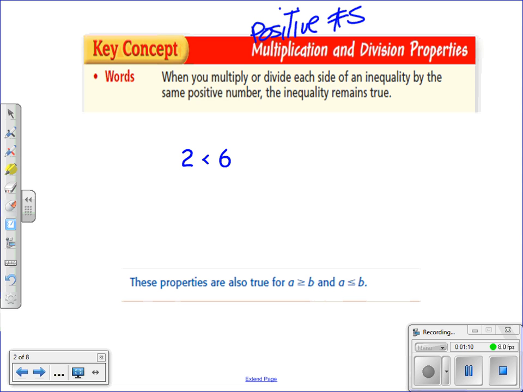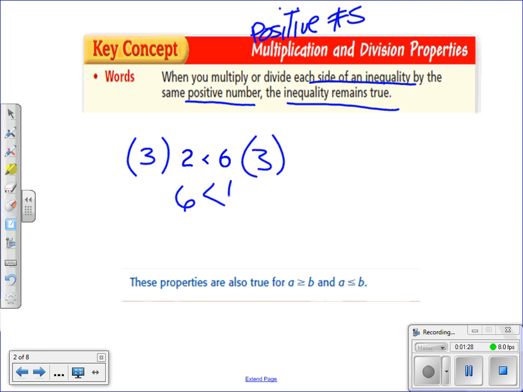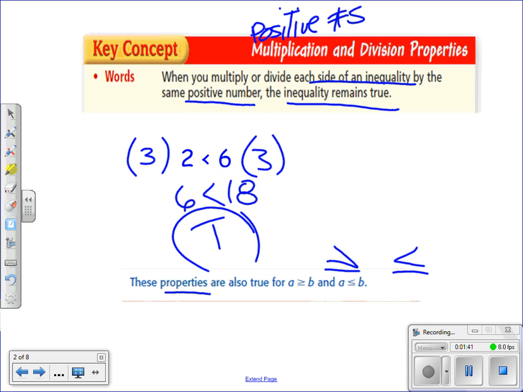So if I decide to multiply this inequality here by the same positive number, let's say 3, 3 times 2 is 6 is less than 3 times 6, which is 18. That inequality remains true. This property is also true for less than or equal to and greater than or equal to.